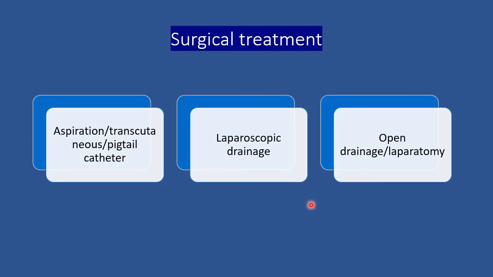So in summary, the surgical treatment consists of aspiration, transcutaneous pigtail catheter insertion to continue the drainage of pus. Failing this, you go for laparoscopic drainage. Or if it is not feasible to do a laparoscopic for some reason, then you go for an open drainage through laparotomy.